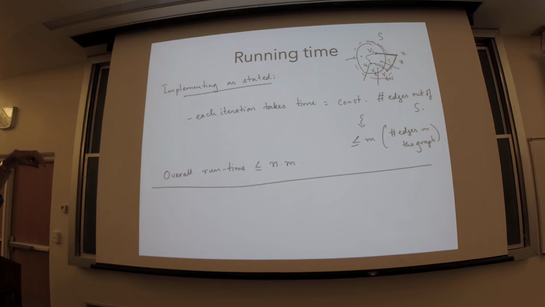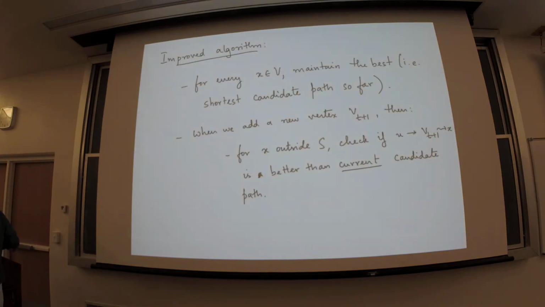Now you have a second candidate path, and if it is better than the previous one, then you check it, and if yes, update the candidate path. That's the idea behind that.